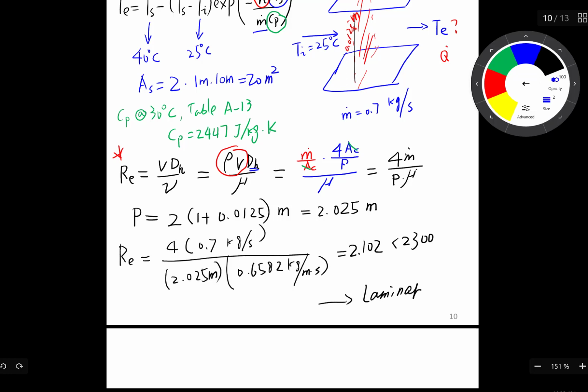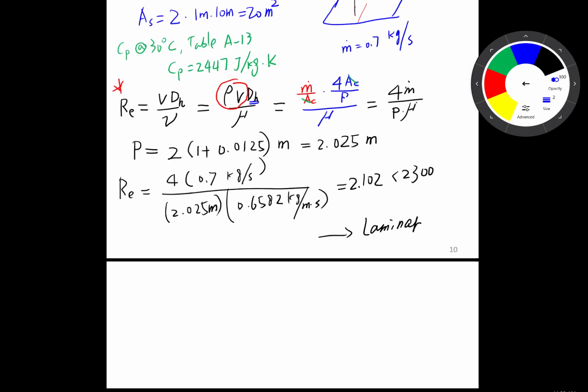Now let's decide if it's hydrodynamically developed or developing, and if it's thermally developed or developing. So first let's compute the hydrodynamic entry length for this laminar flow. And please pay attention here. Since it's non-circular, here it should be the hydraulic diameter, d_H.